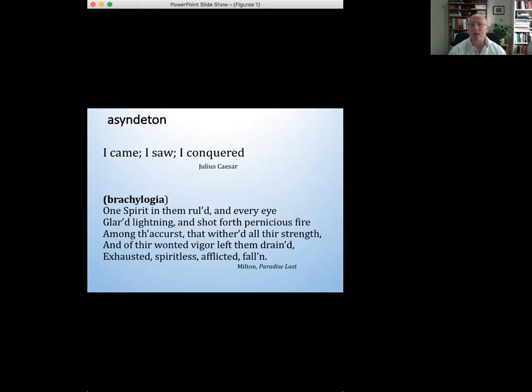It's a fine point, but from Milton, "One spirit in them ruled, and every eye glared lightning, and shot forth pernicious fire among the accursed, that withered all their strength, and of their wonted vigor left them drained, exhausted, spiritless, afflicted, fallen." Whole series of adjectives, a list of adjectives, but there's no conjunction joining each item in the list.